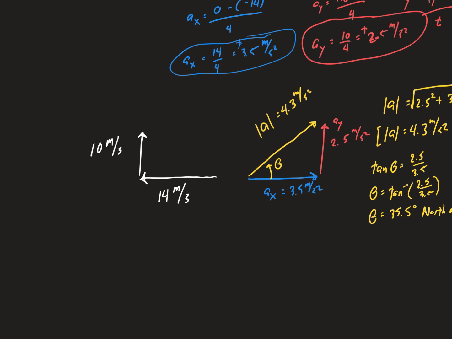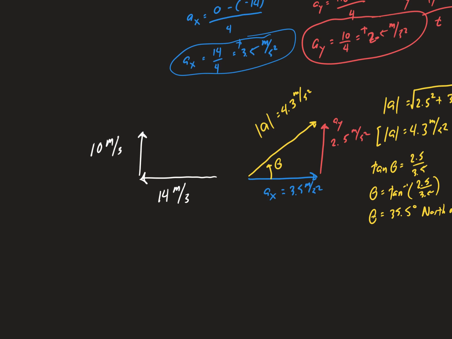Notice in the acceleration piece, the initial velocity went from negative 14 to 0, so that means I had to accelerate it in the positive direction, as indicated by my blue acceleration vector. And my final velocity was pointed in the positive direction, and so it keeps going in that direction, and so my acceleration vector in the red must also point in that direction.